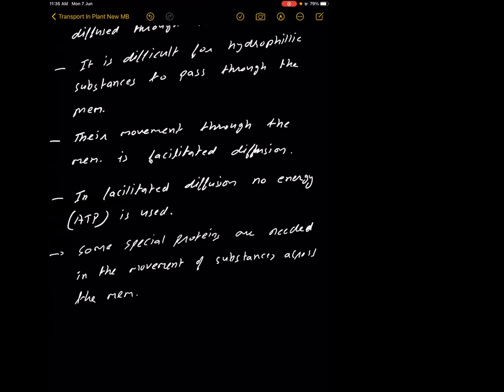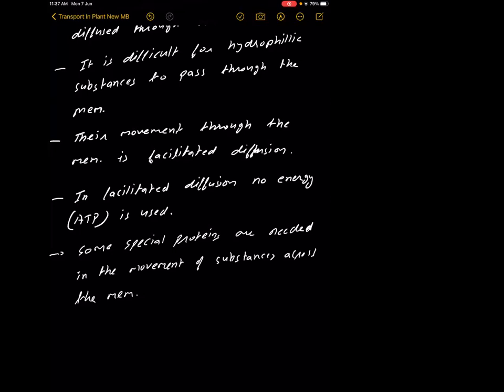One more point: they may compare facilitated diffusion and active transport. What is the difference? In most cases facilitated diffusion is just like active transport, but active transport uses energy, ATP. Second, during active transport the material can be transported even from low concentration to high concentration.